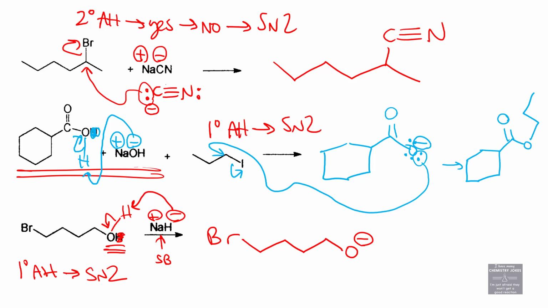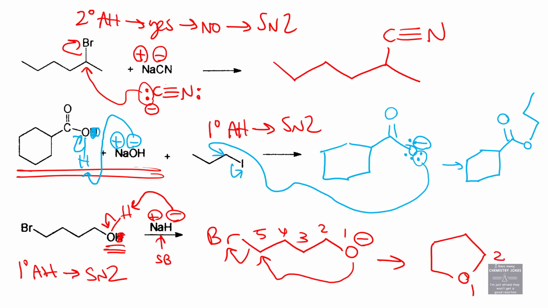That O- is then my nucleophile that will attack and do my SN2 of my Br. The reason this undergoes an intramolecular reaction like that is because when I fold that up like so, it makes a reasonable sized ring. So intramolecular is favored to make a ring when you make a reasonable sized ring.